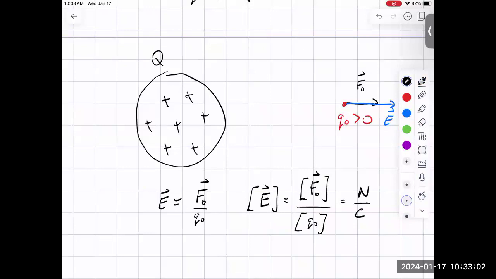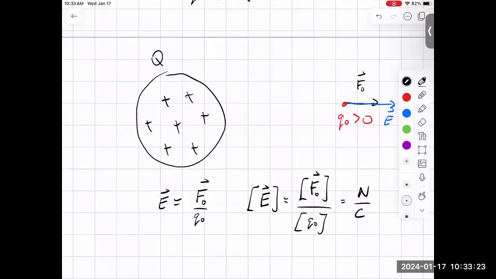Okay, so the next thing we're going to do is try to figure out what the electric field due to point charges is. We're going to make use of what we know about the electric field, that the force is Q times E. That's by definition.